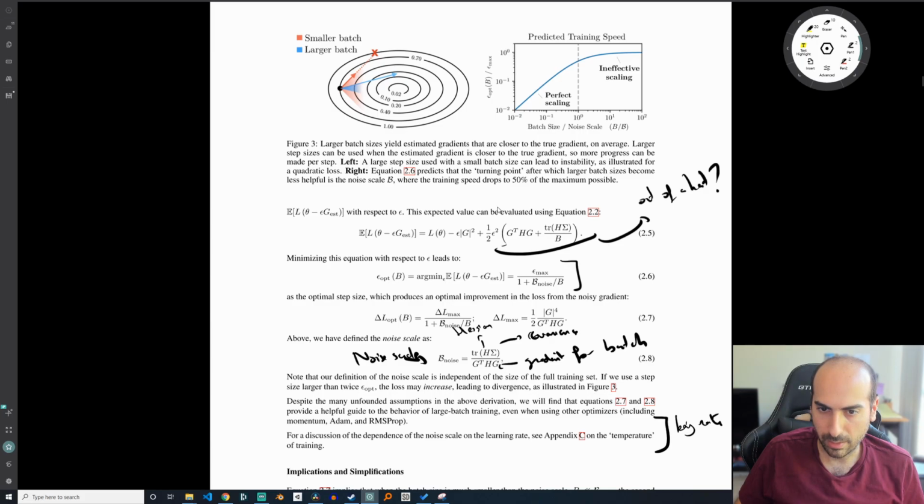And then plus B noise, okay. So then epsilon opt goes away. Loss max. Okay, so they're replacing this with the optimal loss instead of the epsilon max, and then an optimal improvement in the loss.